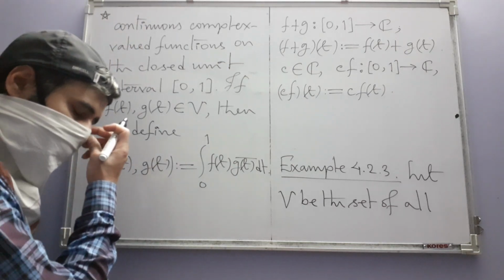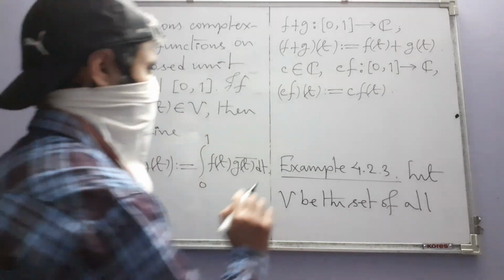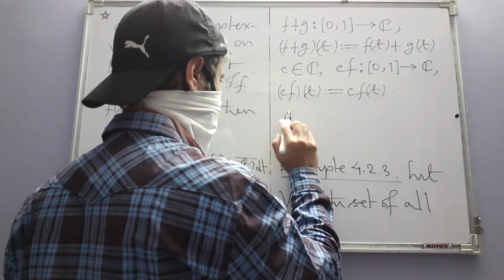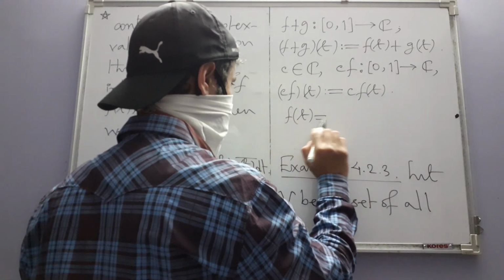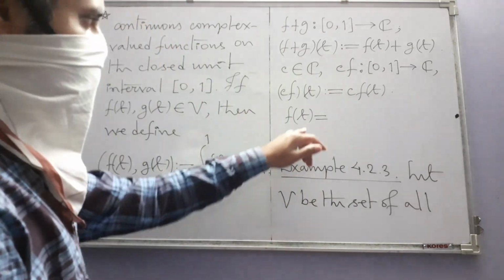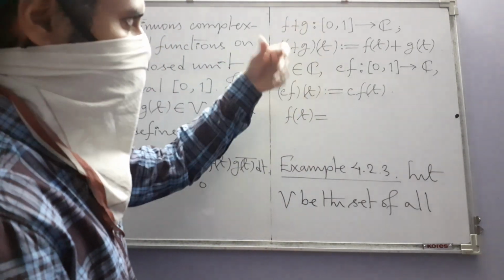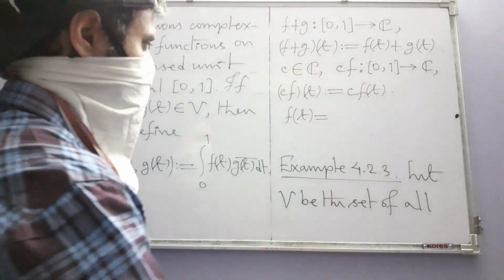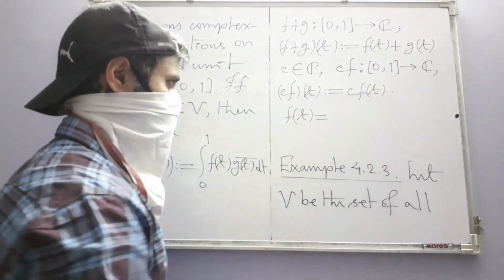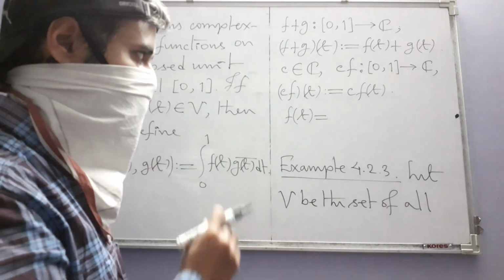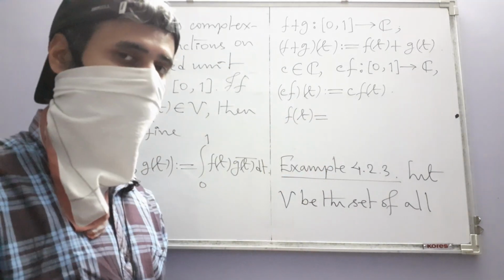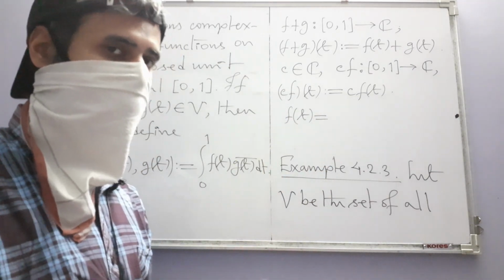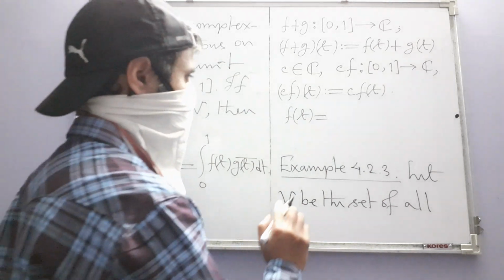You see, do you recall that any such function, here the input is a real number but the output is a complex number. So any such function has two parts, just like any complex number has a real and imaginary part. Any such complex valued function has a real and imaginary part, and both of them are functions.